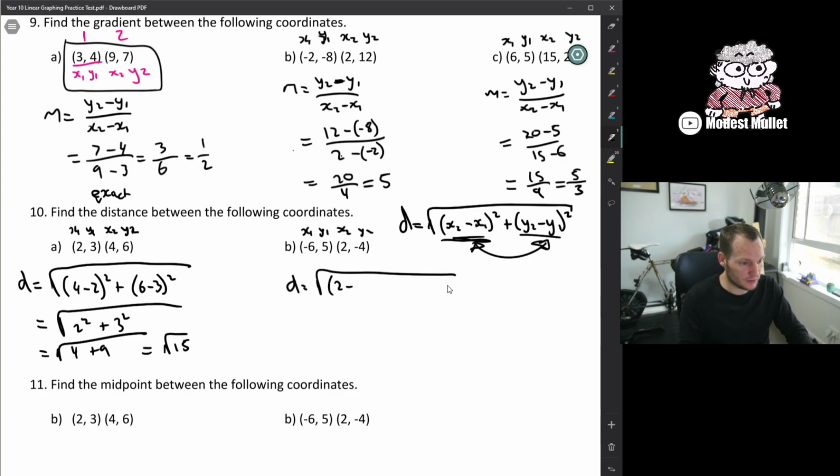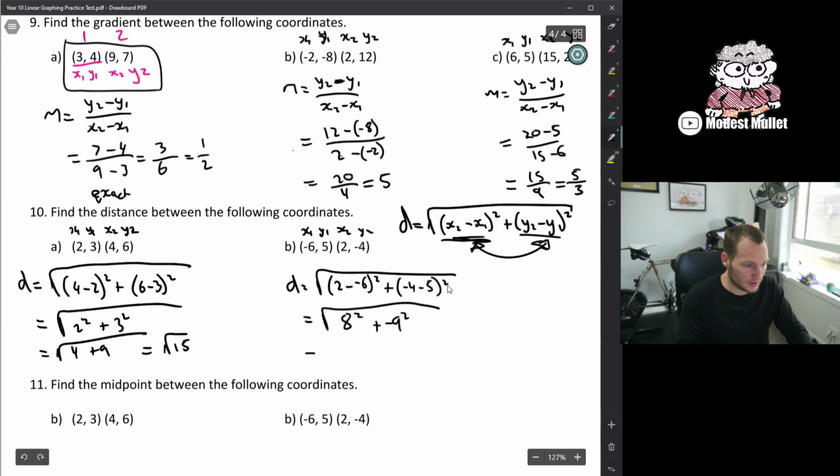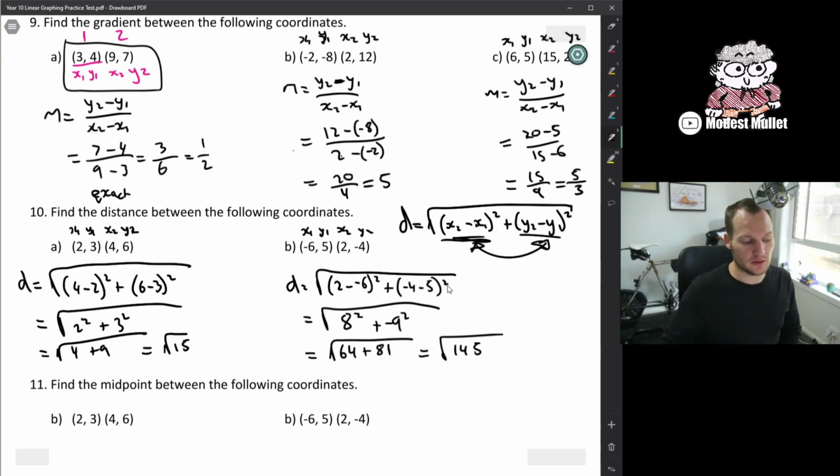My notation might be a little bit odd, but you could write it plus y2, so negative 4 take away 5, all squared, equal to the square root of 8 squared plus negative 9 squared, that gives me the square root of 64 plus 81, because the negative 9 squared turns into plus 81. That gives me, without a calculator, 145. But you could use your calculator to get that.